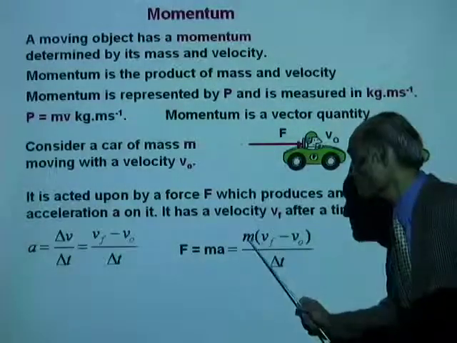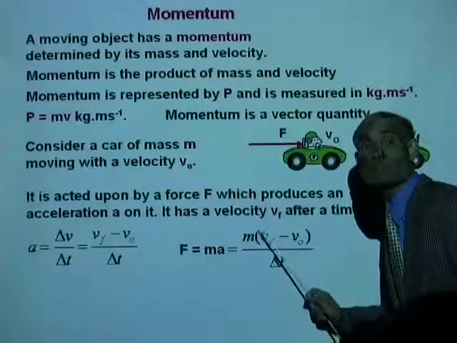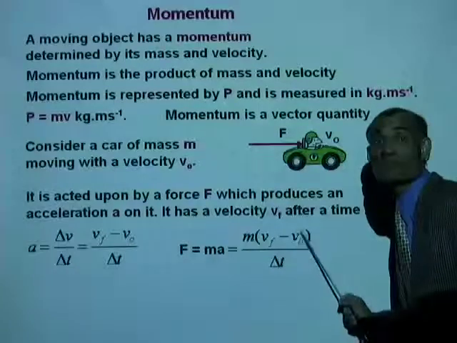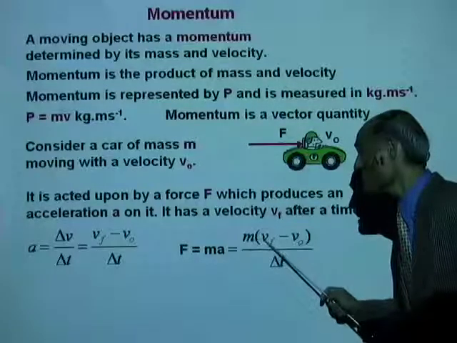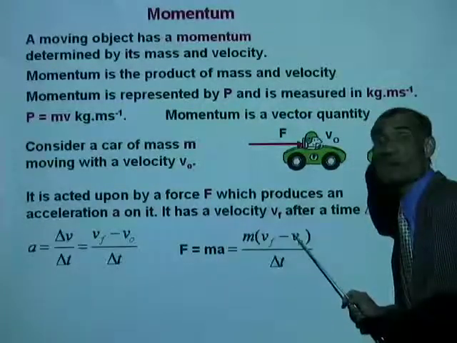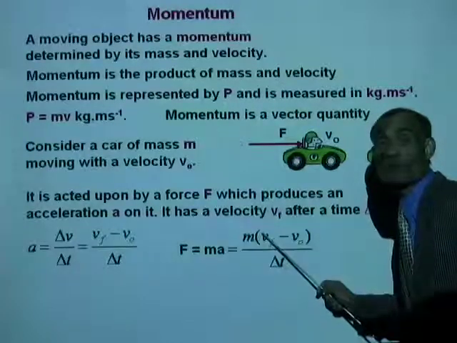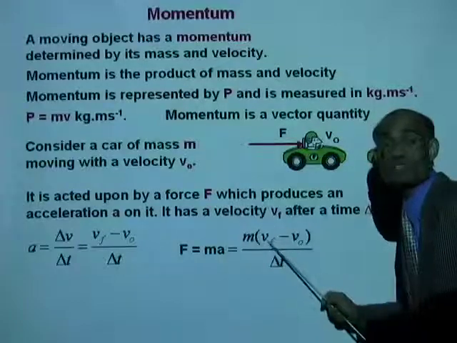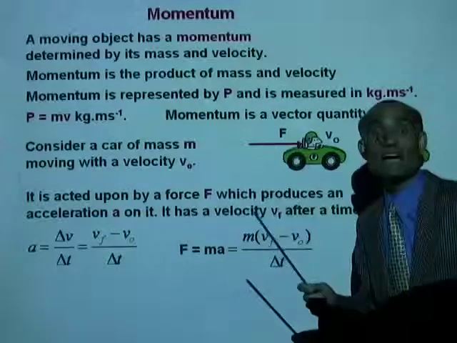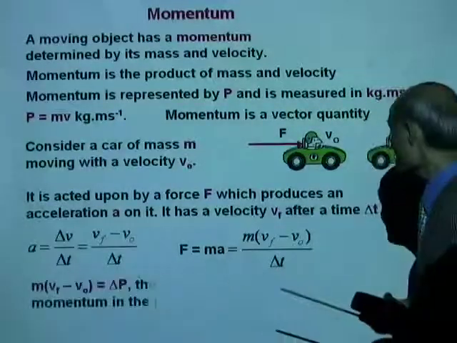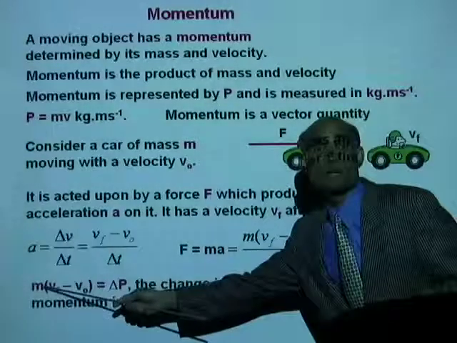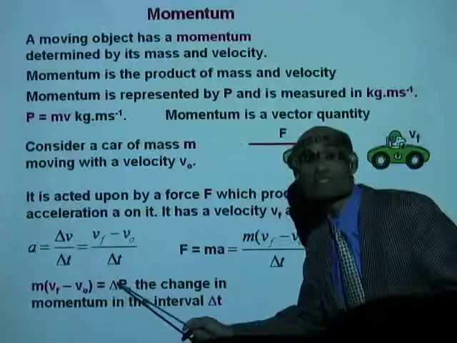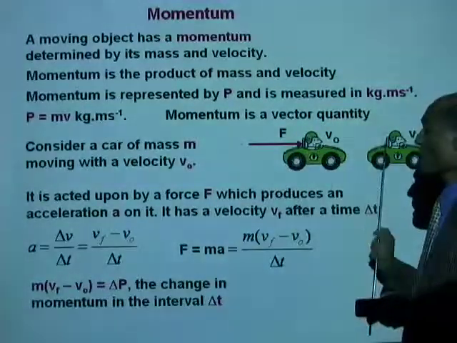Is that right? m times vf is the final momentum. What is m times v0? Initial momentum. So this is m vf minus m v0, final momentum minus the initial momentum. The quantity on the numerator actually represents the change in momentum. m times (vf minus v0) represents the change in momentum of the car.